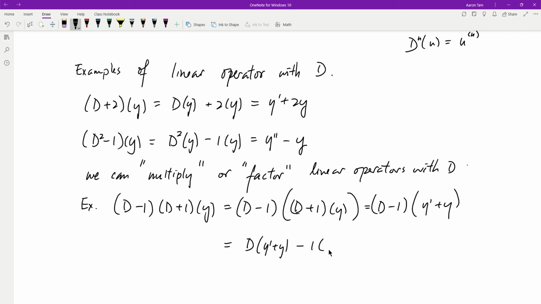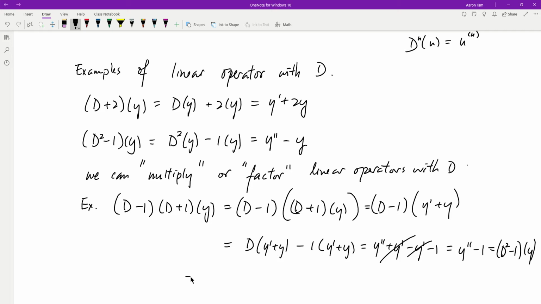And now based on the linearity of the operator, I can say that's just d of y prime plus y minus 1 times y prime plus y. So that becomes y double prime plus y prime minus y prime minus y. And notice these two things cancel out, leaving you y double prime minus y. Notice we already know that's the same thing as d squared minus 1 of y.